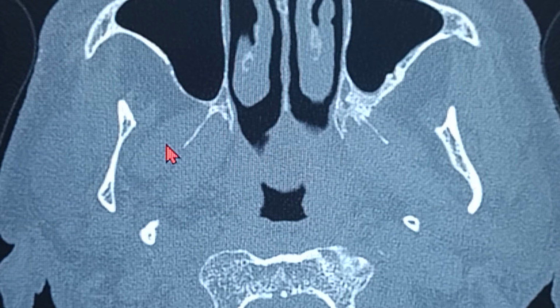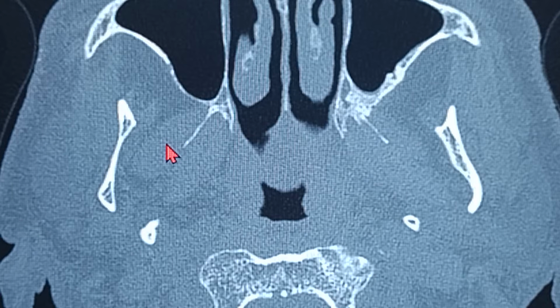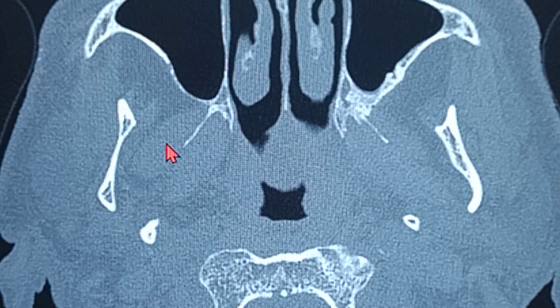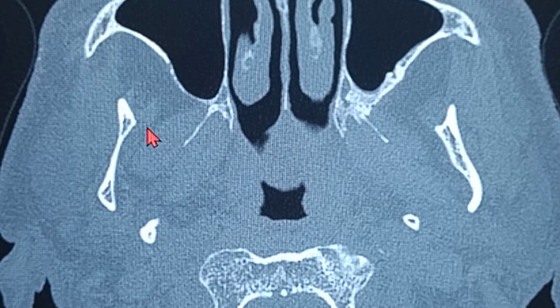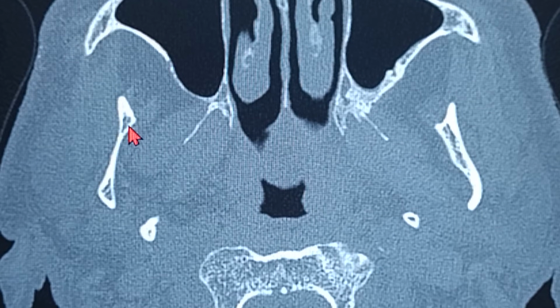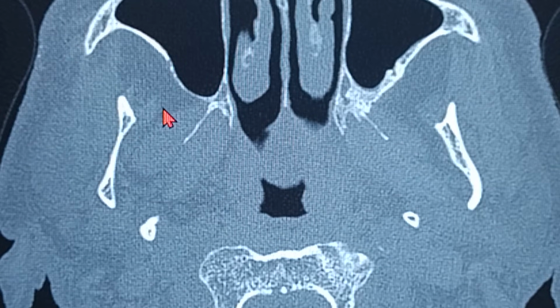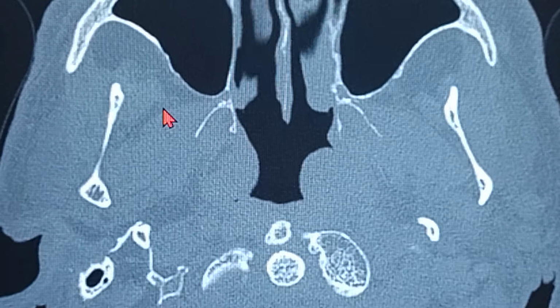So let's begin. As I said, I've mentioned the thickness and the views which are required, and this is a bony window, so always read the scan in bony window. First point, I'm going from below. Now I'm just going to run you through this. I'm going above.